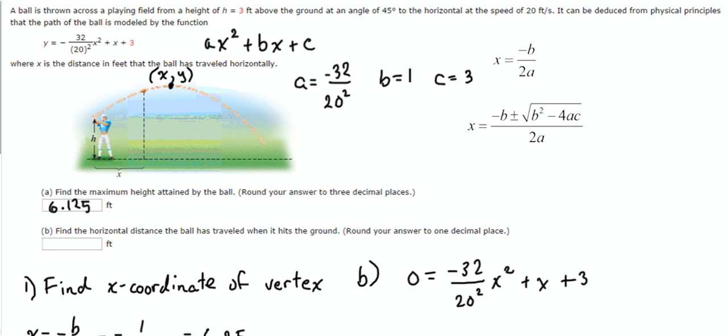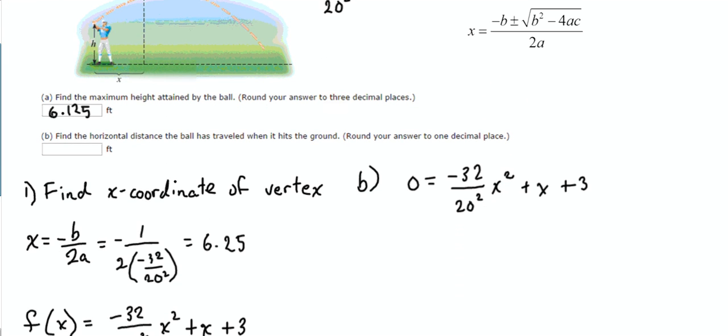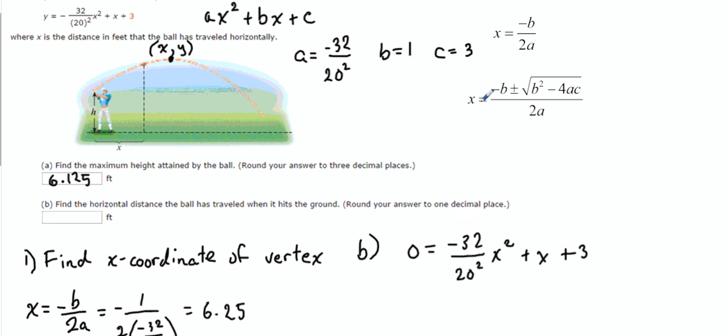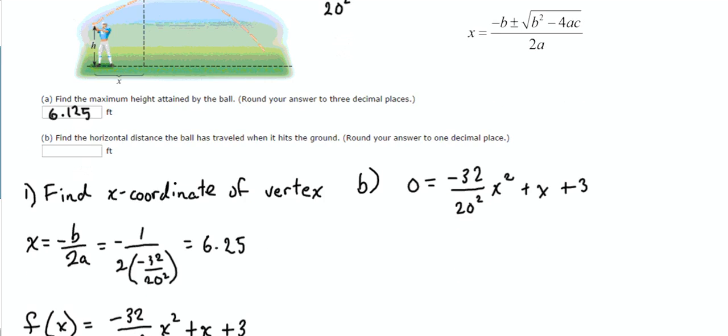Now, the way we're going to solve this is by using the quadratic formula, which we have written here. x equals negative b plus or minus the square root of b squared minus 4ac all over 2a.